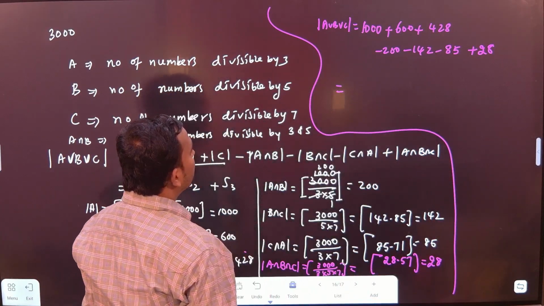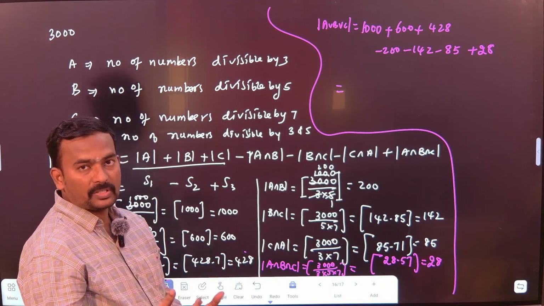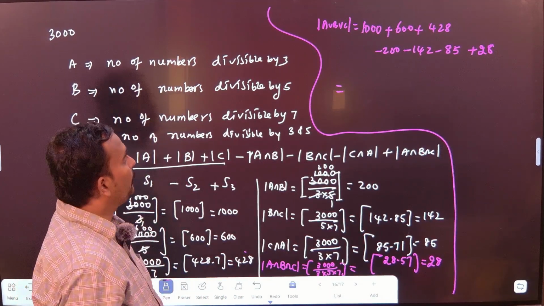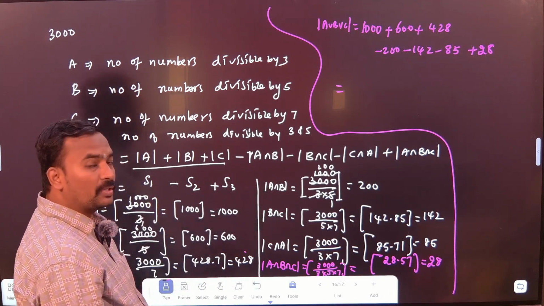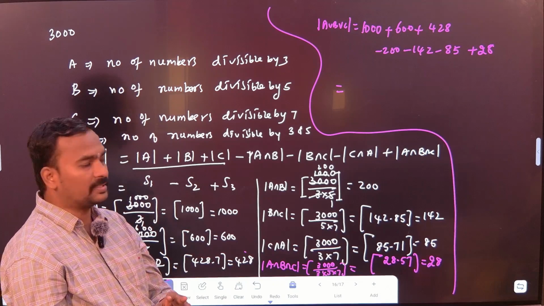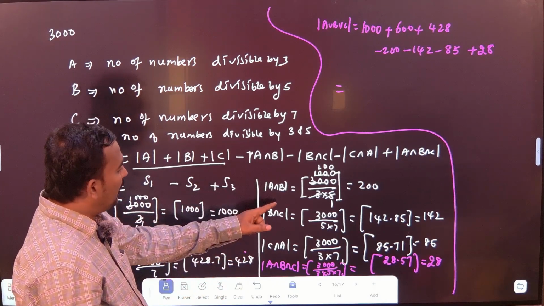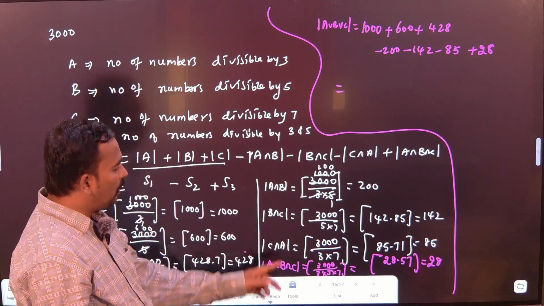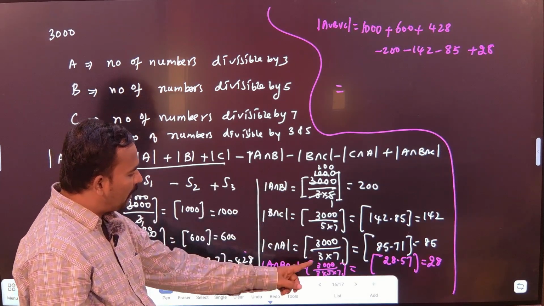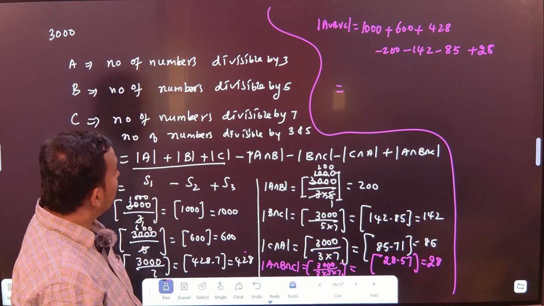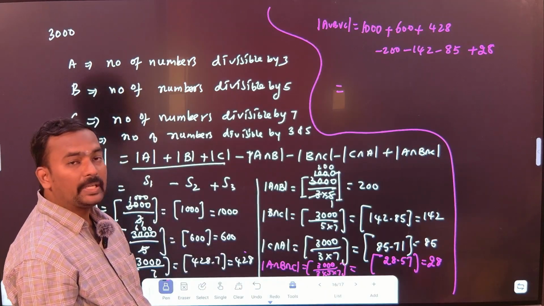How many numbers are divisible by 3, 5 or 7, right? So why are we taking A intersection B, B intersection C? Because either A or B or C only is required, 3 or 5 or 7. So it should not be a multiple of 15, it should not be a multiple of 35, it should not be a multiple of 21.